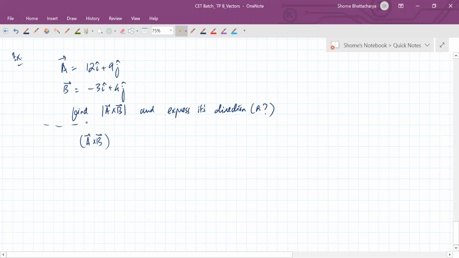So just replace each of the vectors with their component form values.